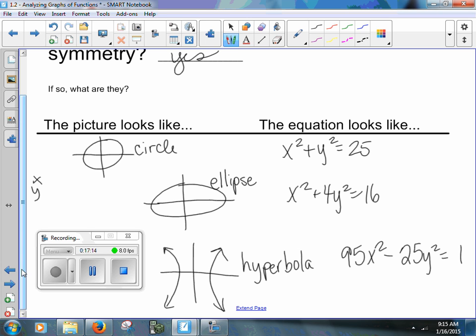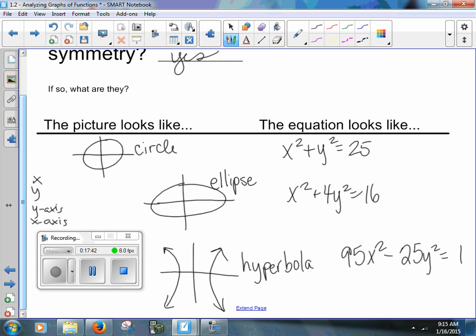When you are testing symmetry to the y-axis, what do you plug in? Negative x. We always want to get back to the original. When we are testing symmetry to the x-axis, we plug in negative y and get the original function. And if we're checking symmetry to the origin, we plug in negative x and negative y, right? Facile or difficile? Facile? Good.